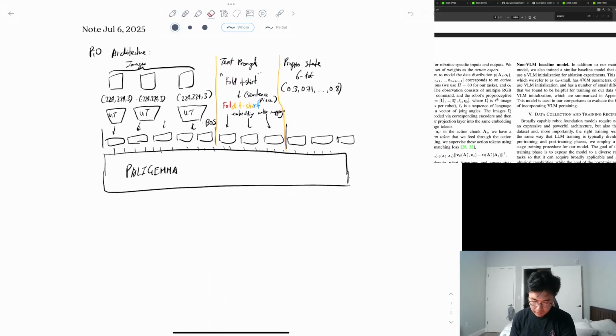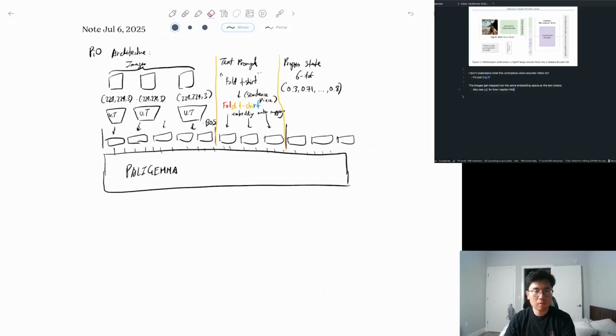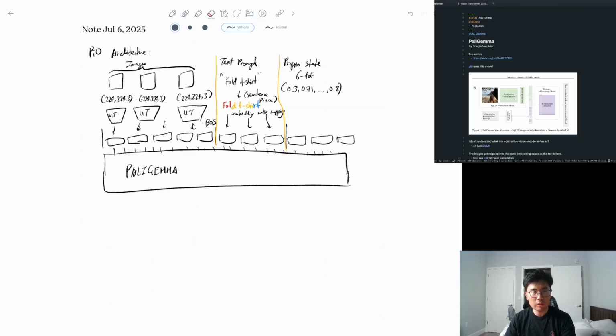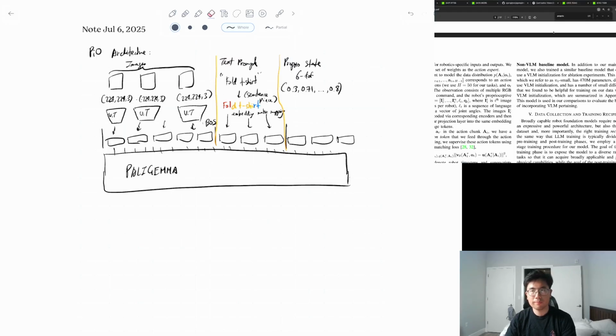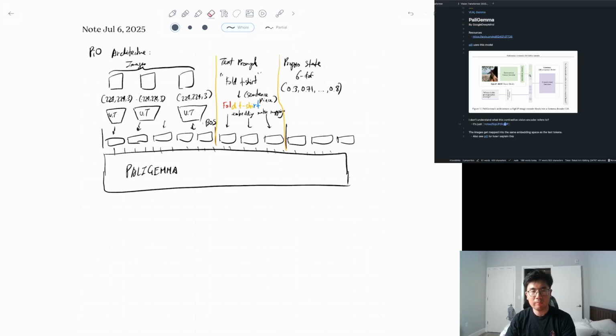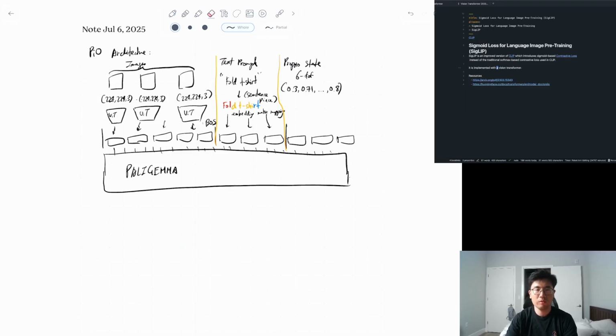And so Pi0 is trained like this. You have the images, they go through SigLIP, and then get mapped into the same space as the text tokens. Now, specifically how it works is you have these image patches. I guess you need to look at SigLIP. I've got a mental model of how a vision transformer works.